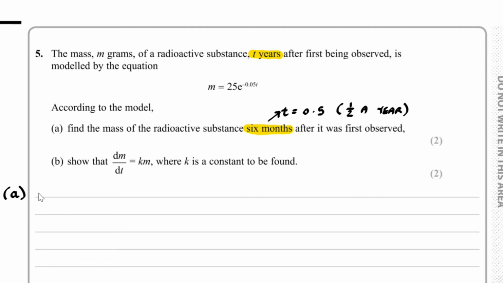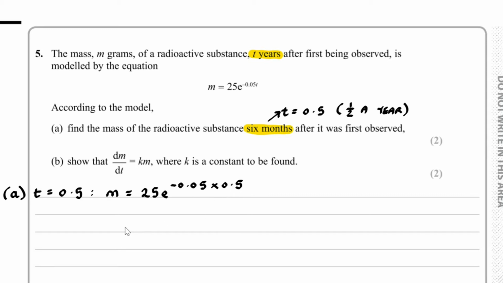And so when t is equal to 0.5, m is equal to 25 e to the power of minus 0.05 times 0.5.